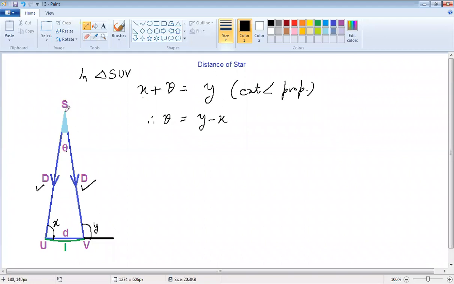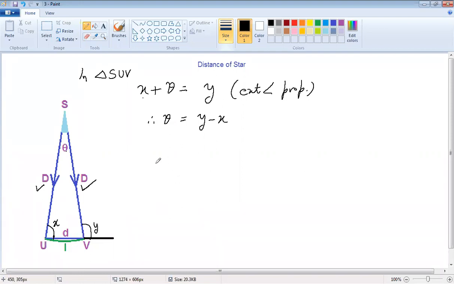Or you can say if we draw an arc taking S as the center and D as the radius, that arc will pass through both the points U and V.